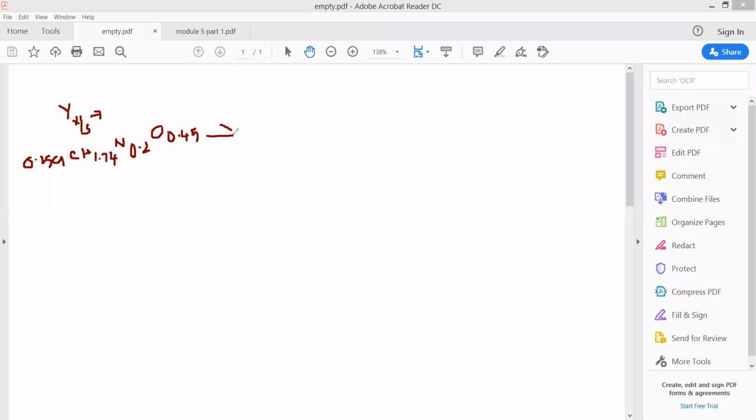First, you have to find the values. How will you find it? 0.59 into, so 1 into 12.